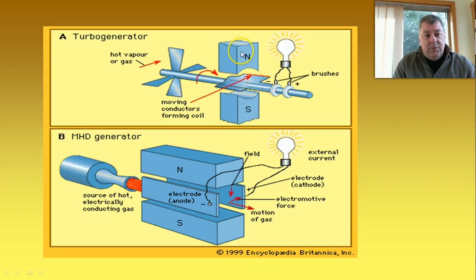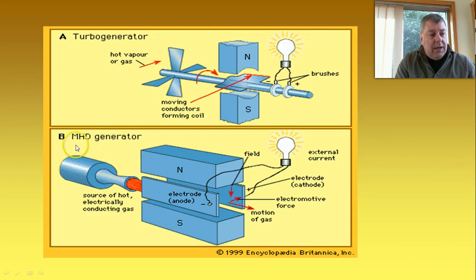We have a conductor moving through a magnetic field, and it could be a vapor or a plasma. So in a nuclear reactor, that's how they use steam, but the steam is a bit radioactive as well, and that generates your electricity.